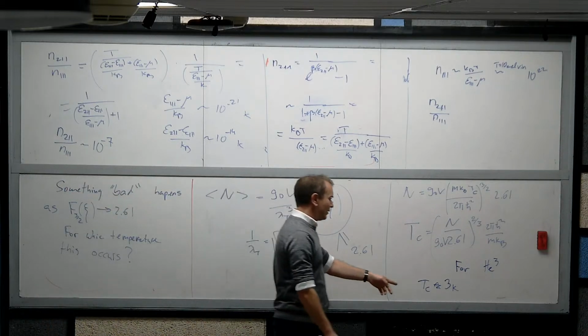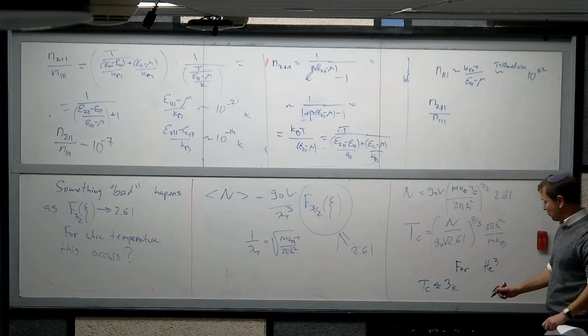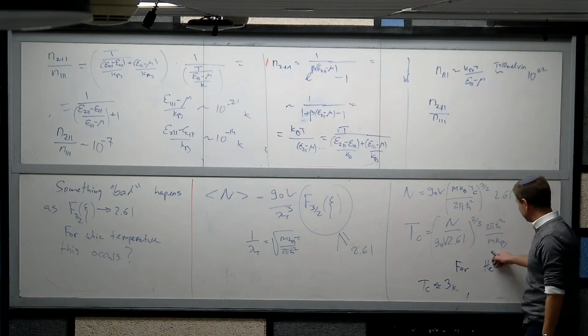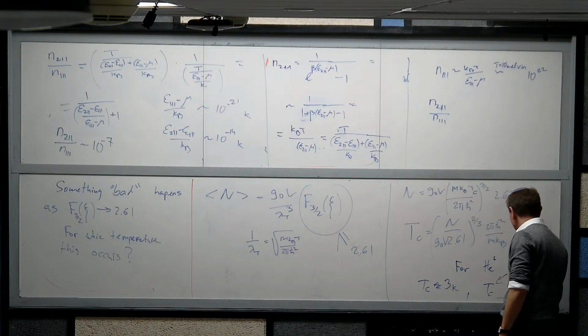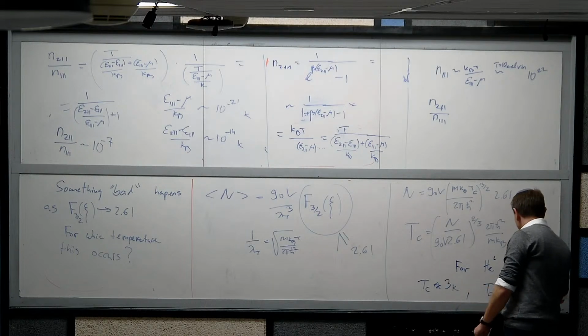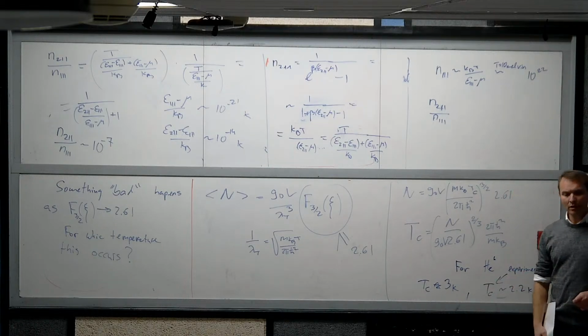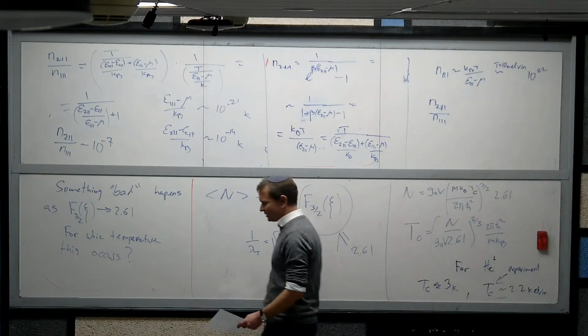Now, when this number is checked in experiment for helium-4, Tc, so this is the experimental value, is approximately 2.2 Kelvin. So helium-4 at approximately the same temperature, so this means that the theory is pretty much correct.